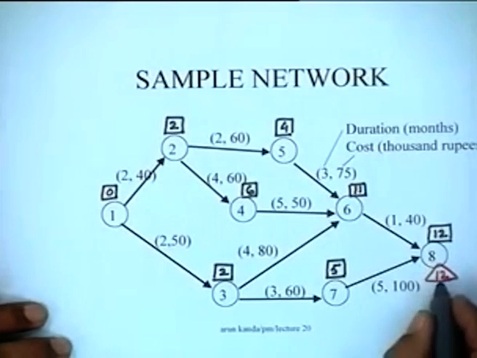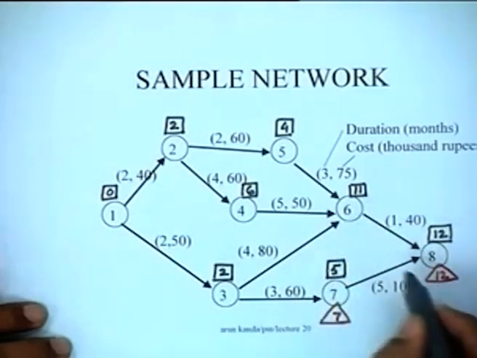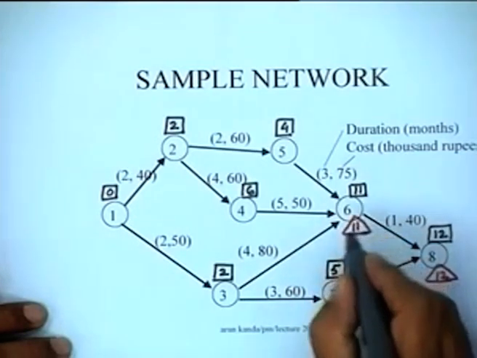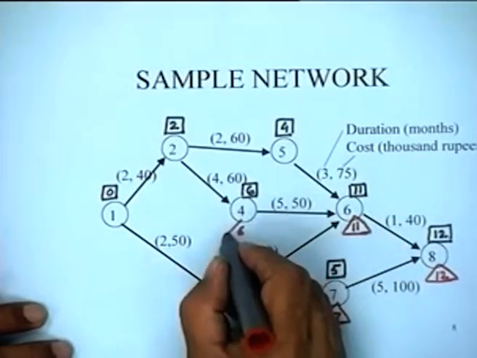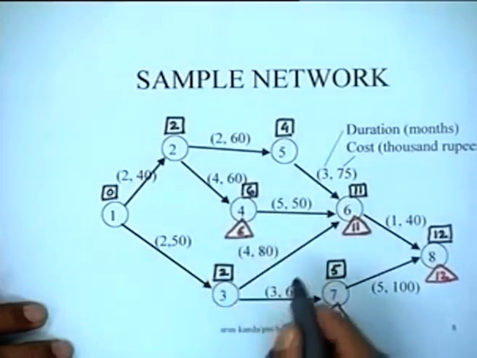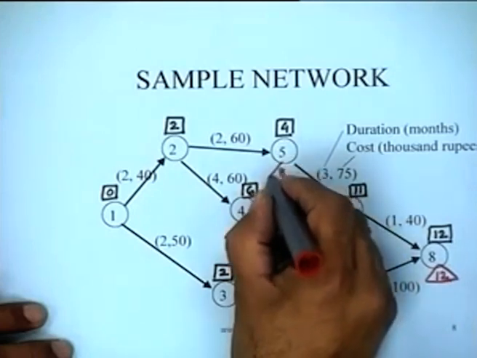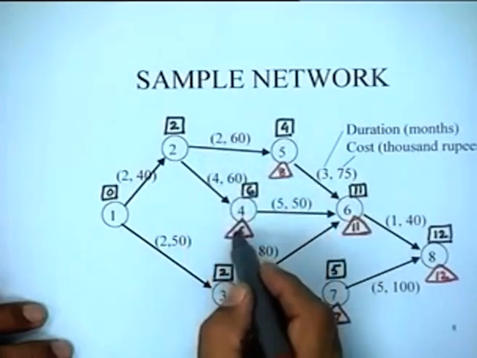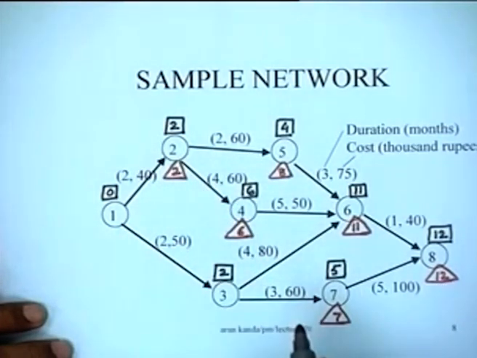latest occurrence time. This is going to be 12 minus 5, which is 7 months. This value is going to be 12 minus 1, which is 11, and then 11 minus 5 is 6, 11 minus 3 is 8, and then for node number 2 it's going to be 8 minus 2, which is 6, and of course here you get 2, so 2 is the smaller value, you get this value here.